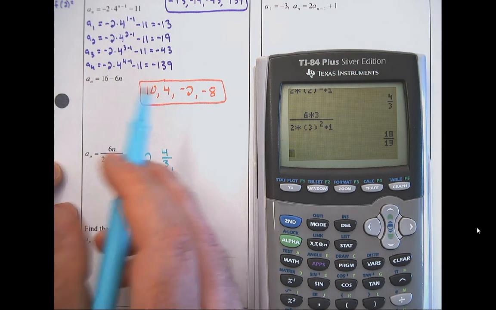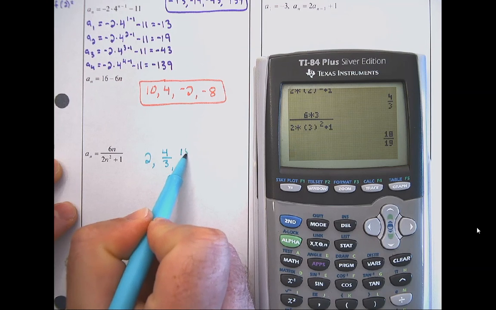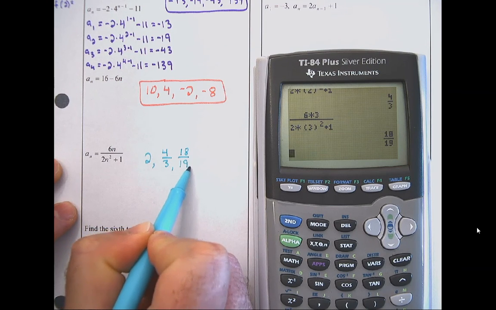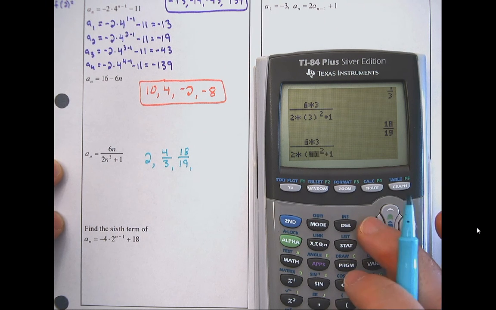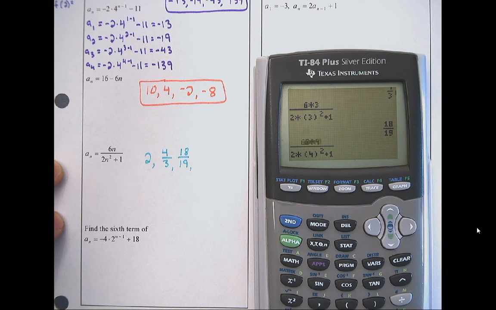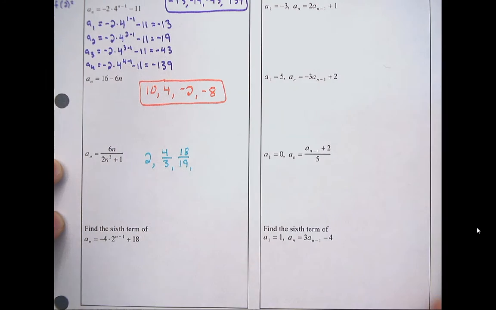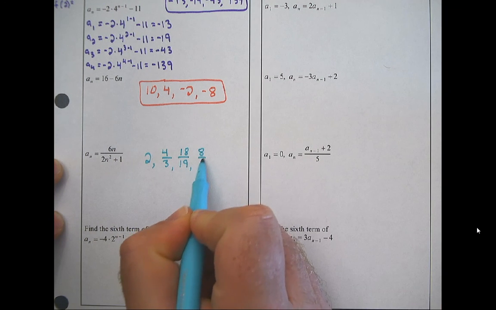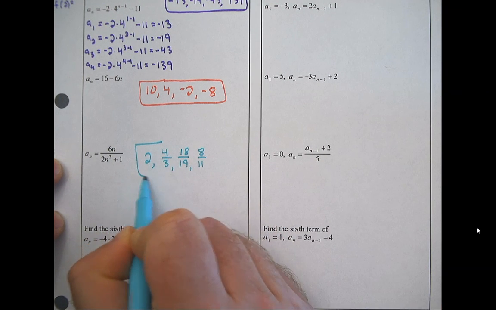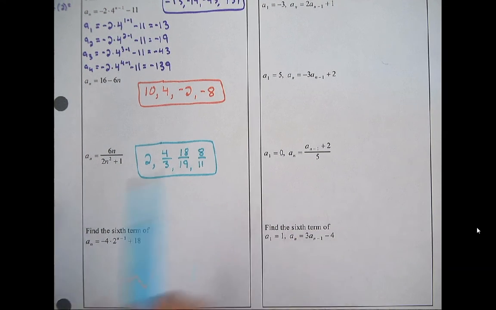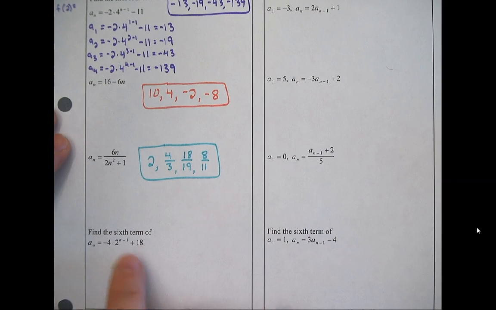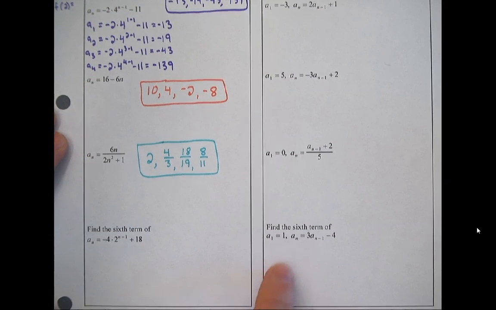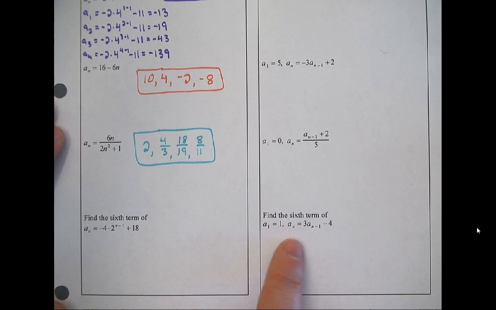We get 18/19. And then my fourth term, change it to a 4. And we get 8/11. What do you think? So I'm going to save this until after we talk about recursive formulas.